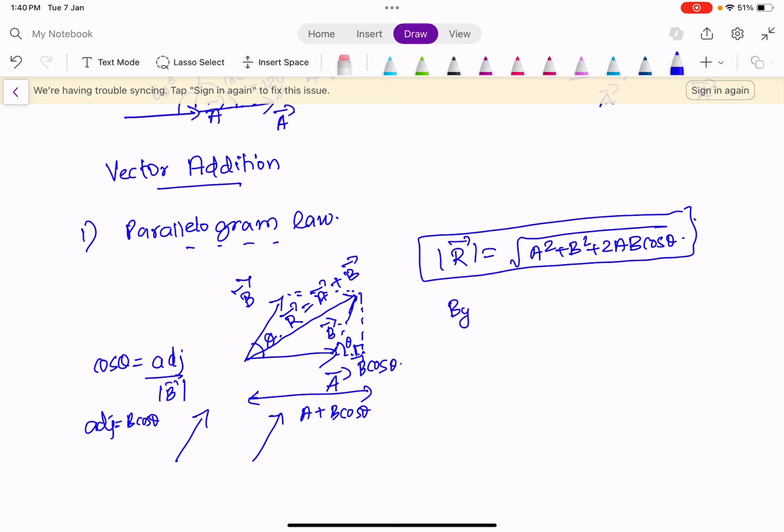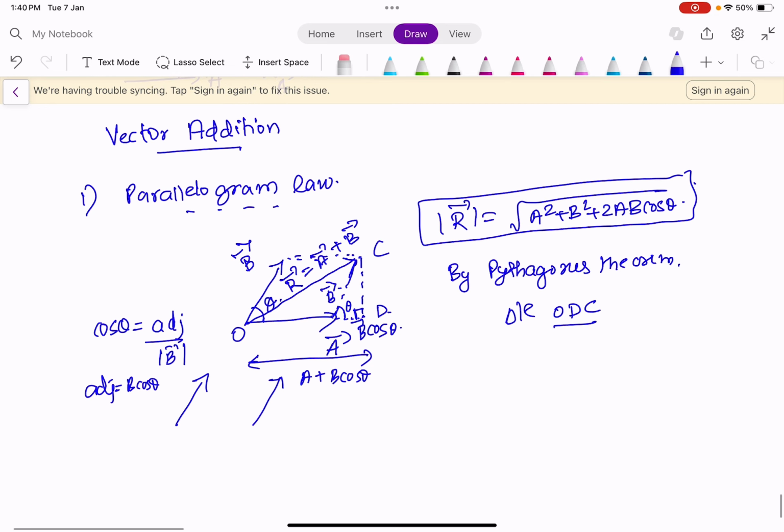So by Pythagoras theorem, suppose this is O and C D, in triangle ODC, hypotenuse square means r square is equal to base square, which means a plus b cos theta whole square.